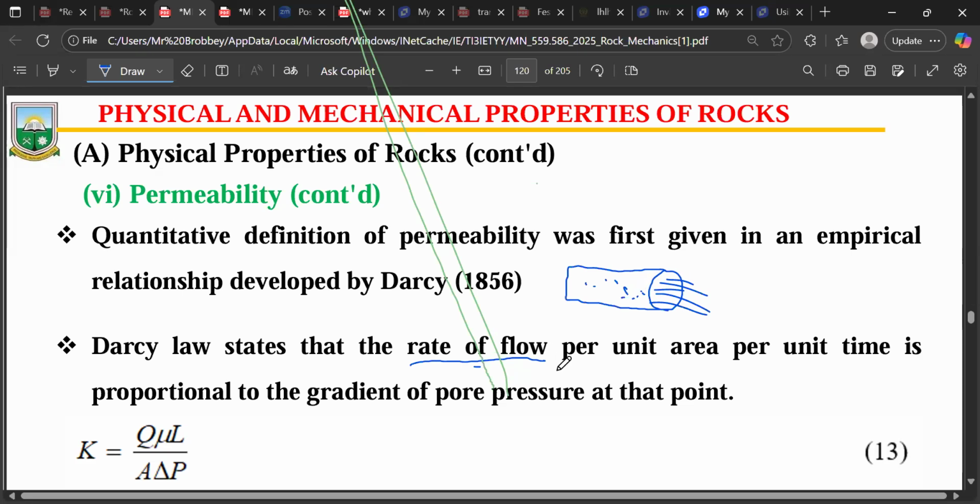It says that the rate of flow per unit area per unit time is proportional to the gradient of the pore pressure at that point.